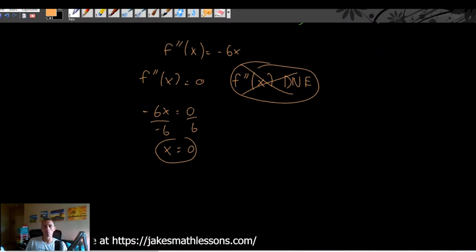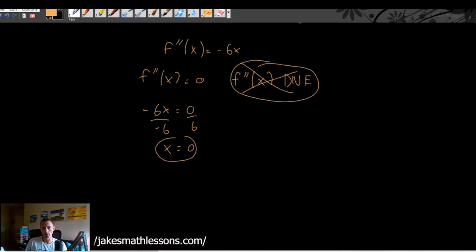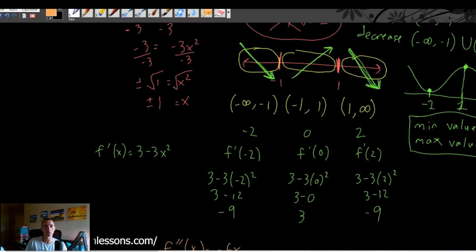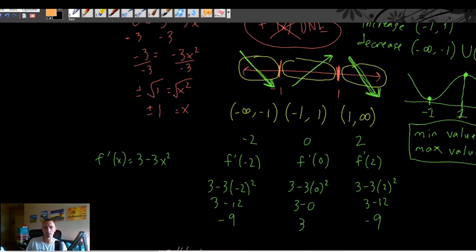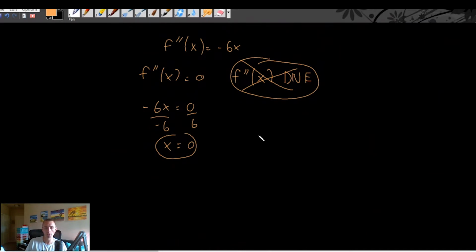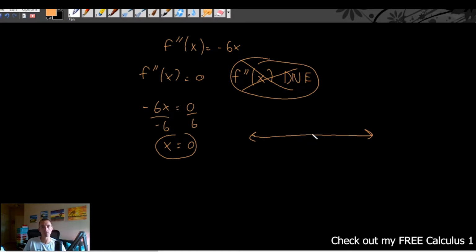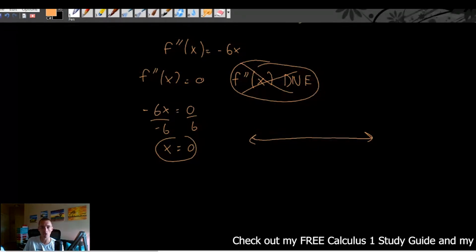What that tells you is very similar to what our critical number told us up here. It tells us that we take a number line from negative infinity to positive infinity. In this case we're using negative infinity to positive infinity because our original function f of x is defined for all x values.